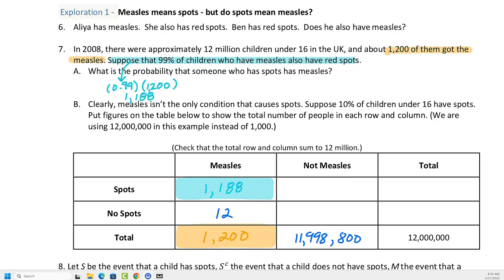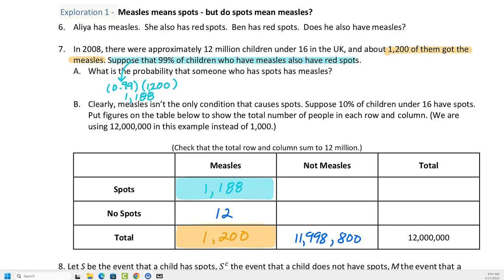Part A says, what is the probability that someone has spots, has measles? So this is a given, right?